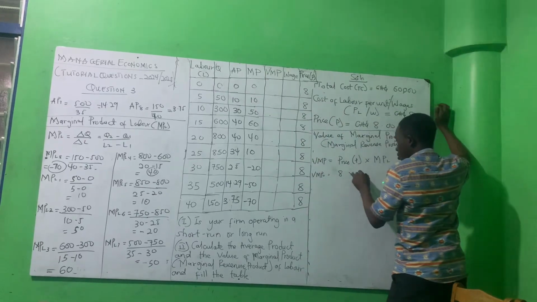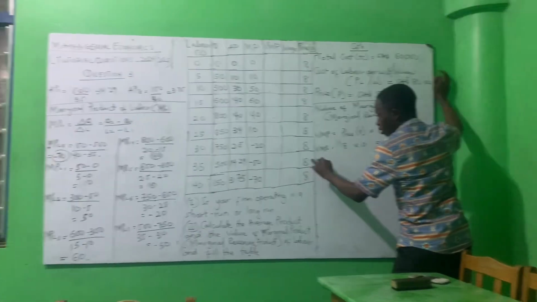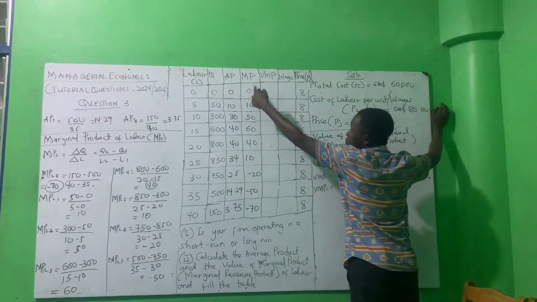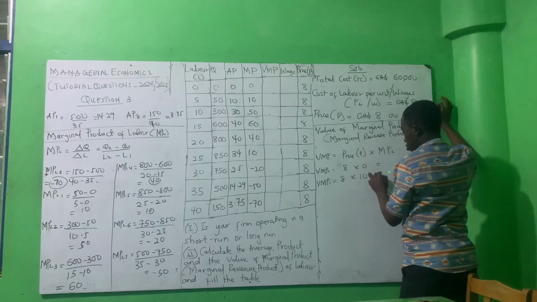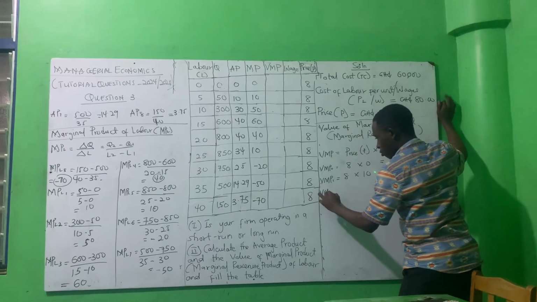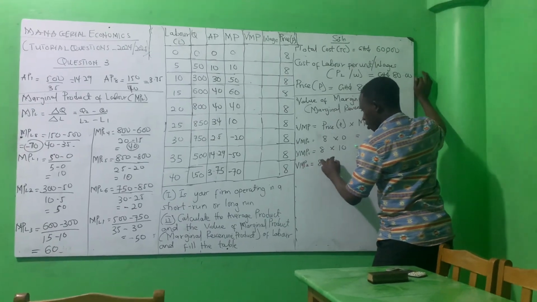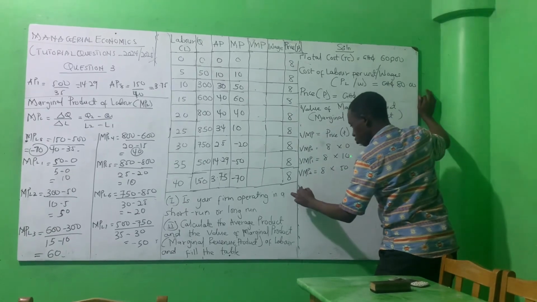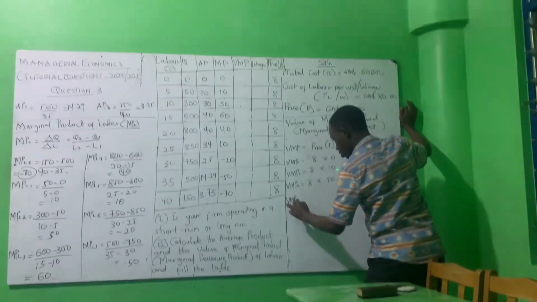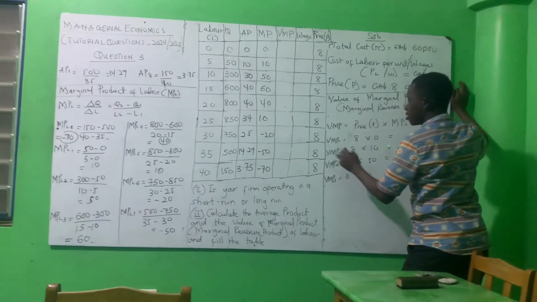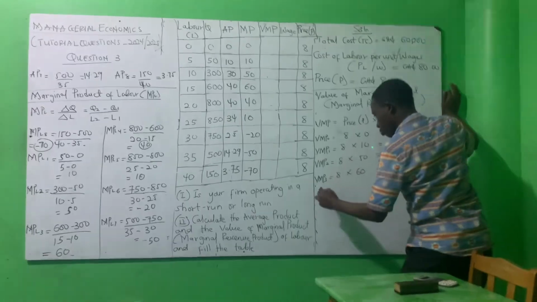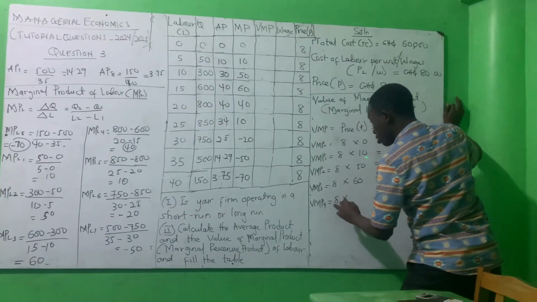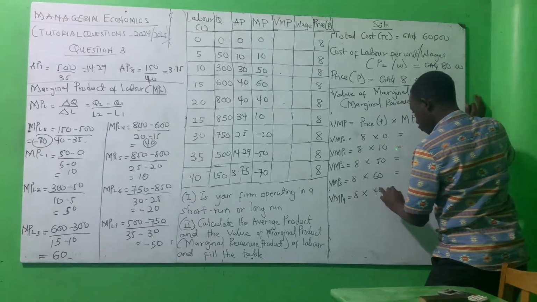So the first one is 0. So value of marginal product 1 is 8 times the next MP, 10. Value of marginal product 2: the price is constant, so 8 times 50. Value of marginal product 3: 8 times 60. VMP 4: 8 times 40.